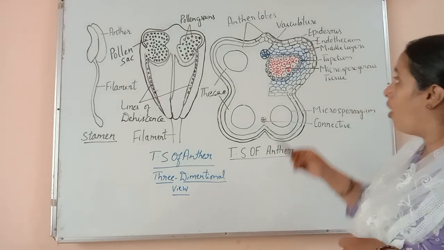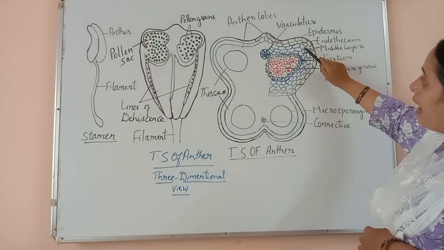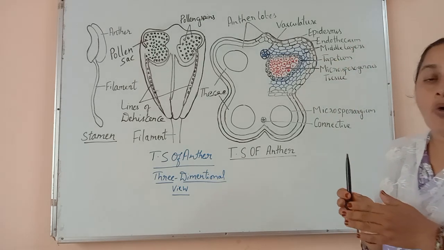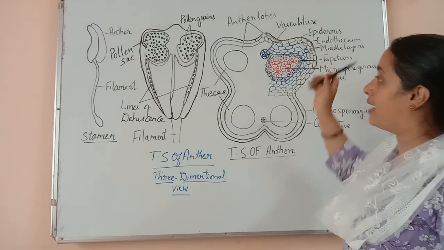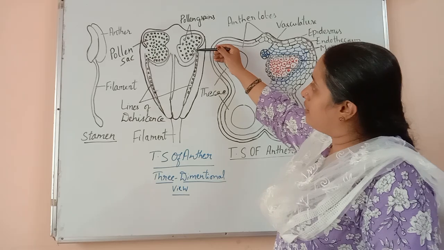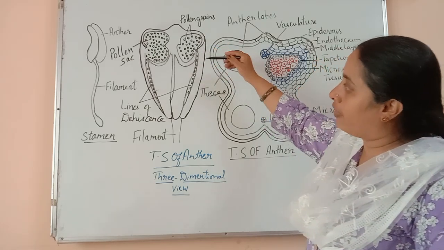And by that time, all these 3 layers, the epidermis, endothecium and middle layer, are going to burst open and slit. They slit, and that is called dehiscence of the anther. So when the anther dehisces, all the pollen grains from the pollen sac will come out.